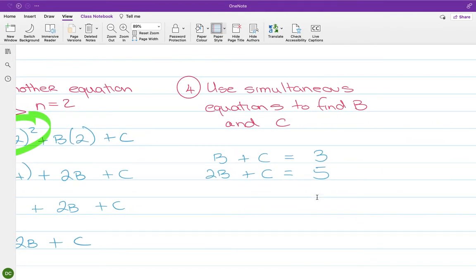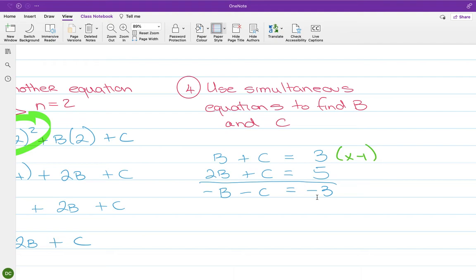Okay, so we need to cancel one of the lines. I'm going to cancel the top line. So I'm going to multiply this by minus 1. So that whole top line gets multiplied by minus 1. So the b gets multiplied by minus 1, that's minus b. The c gets multiplied by minus 1, that's minus c. And 3 gets multiplied by minus 1, that's minus 3. Yeah?